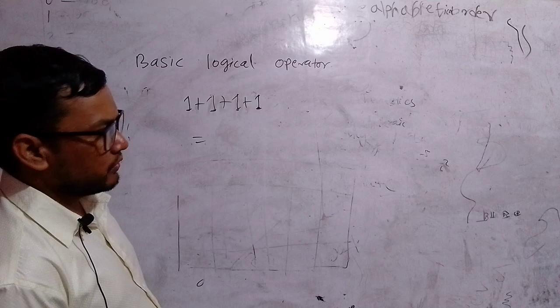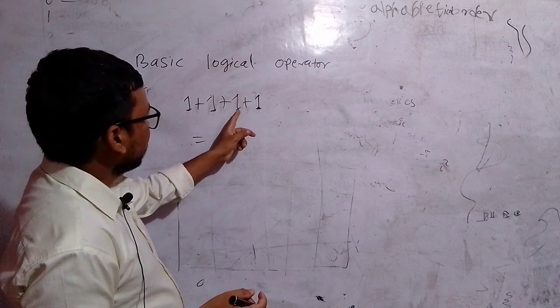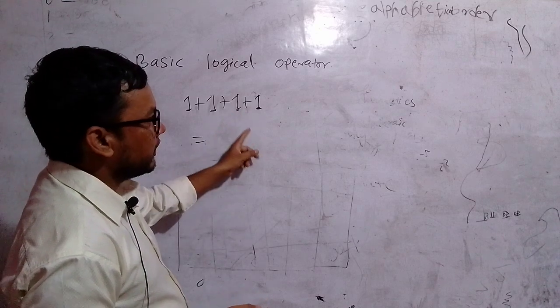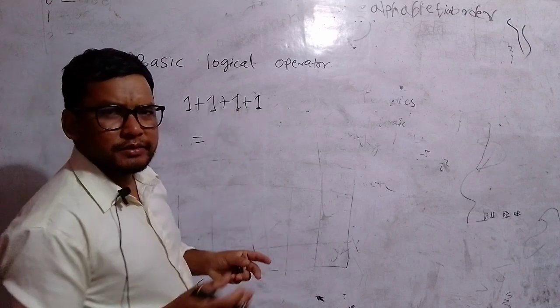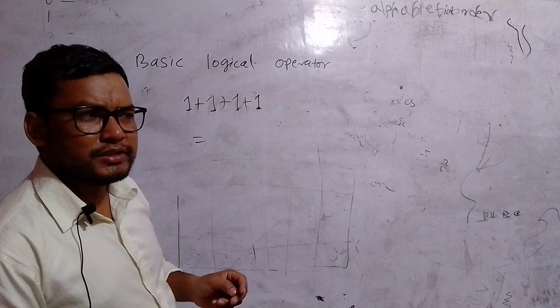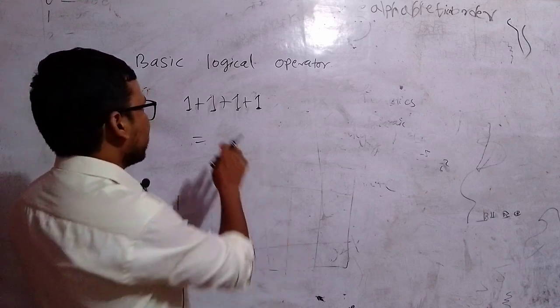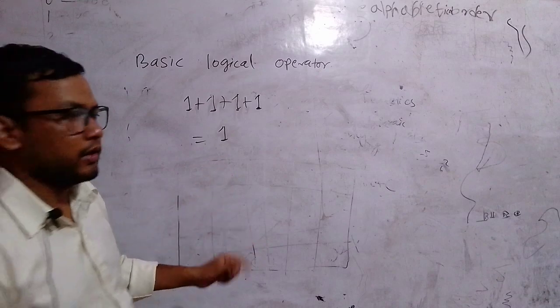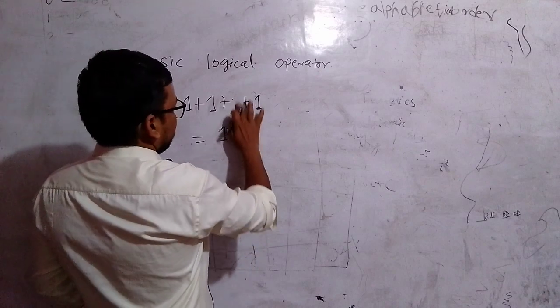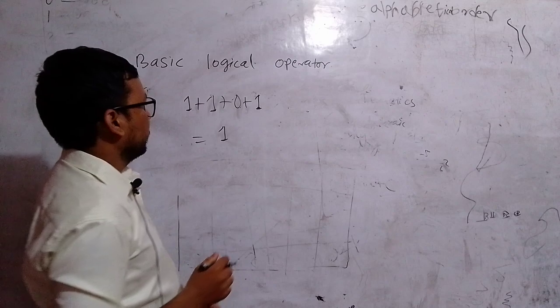The OR operator produces output 0 only if all of the inputs are 0, otherwise it produces 1. In other words, in a group of inputs, if we see any input having 1, then the output would automatically be 1 for the OR operator. Now what would be its output if we write 0?